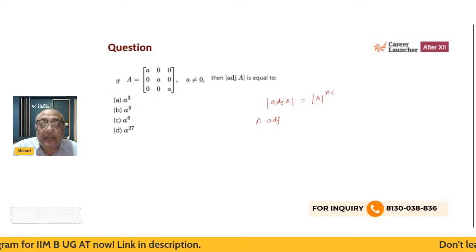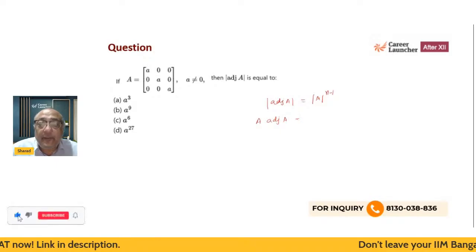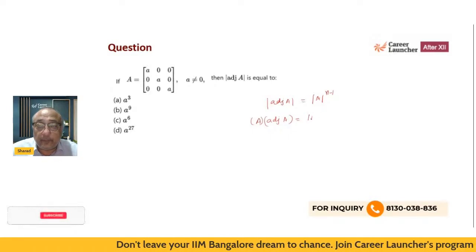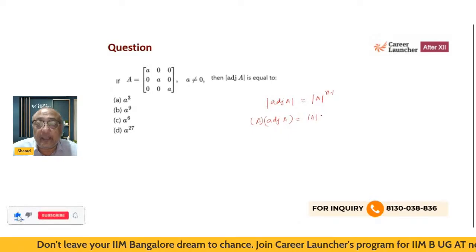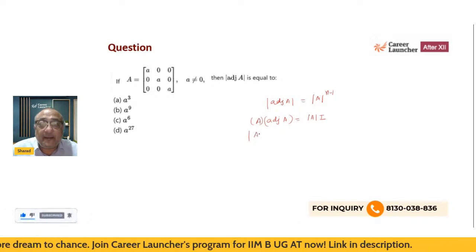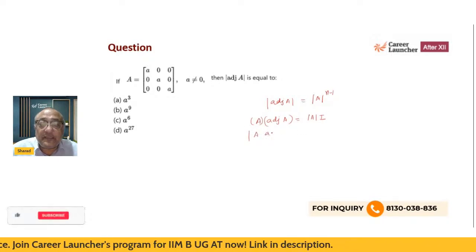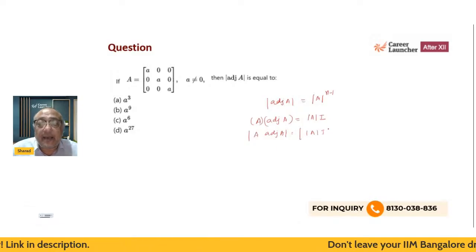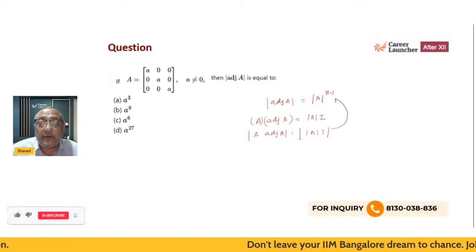Because A into adjoint A can be written as A multiplied with adjoint A. I'm sure all of you will know it. This is nothing but A multiplied with I. So if I take the determinant of this A into adjoint of A, I'll get determinant of A and I.